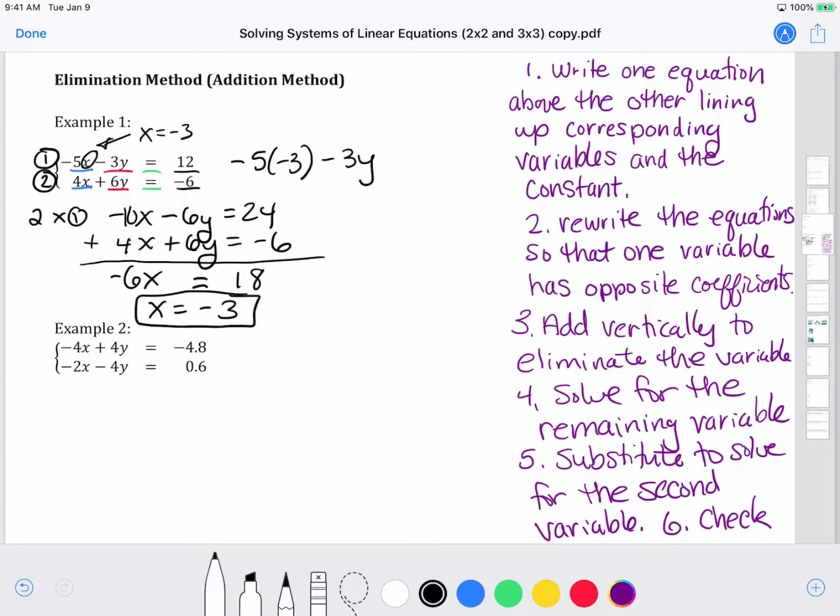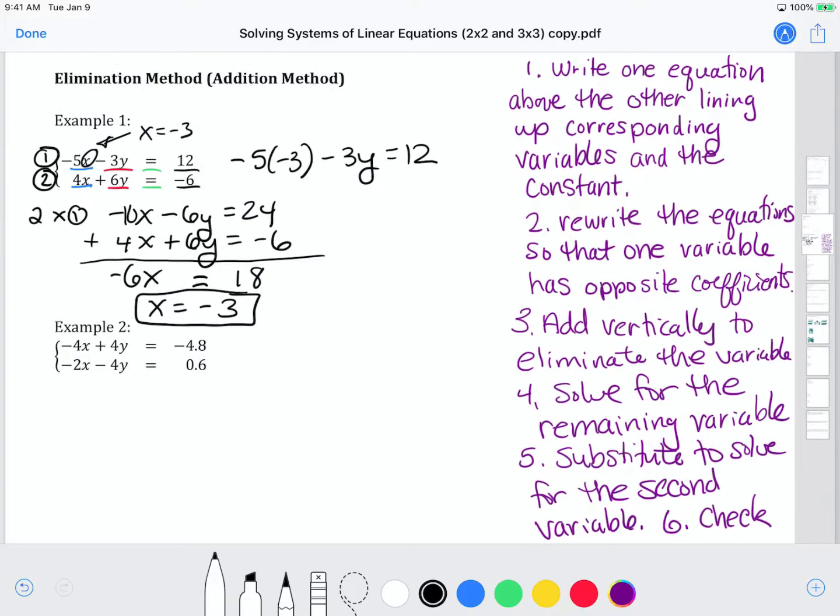Now I have 15 minus 3y is equal to 12, and now I can solve this for y. I'm going to subtract 15 from both sides, so that gives me -3y is equal to -3. So y is 1. So there's my second variable.